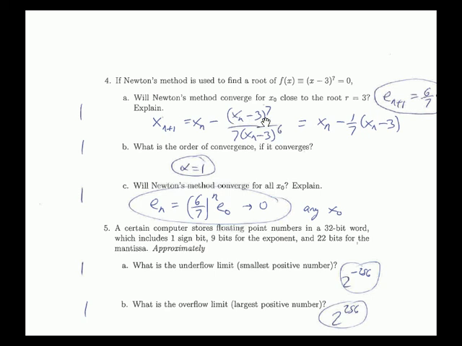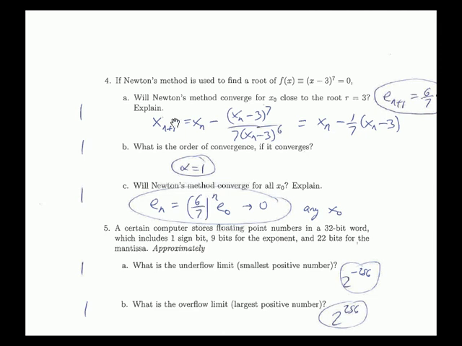So f is x minus 3 to the 7th, f prime is 7 times x minus 3 to the 6th. You just simplify, and this would be 6/7 xn plus 3/7, and the derivative of that is 6/7, so g prime is 6/7, so it does converge.